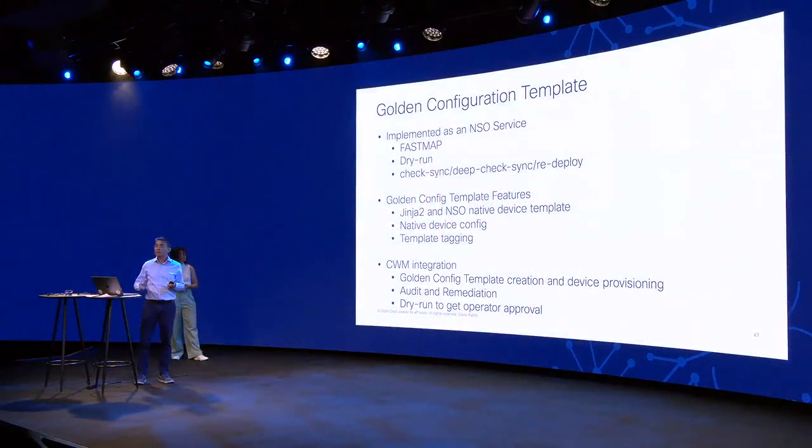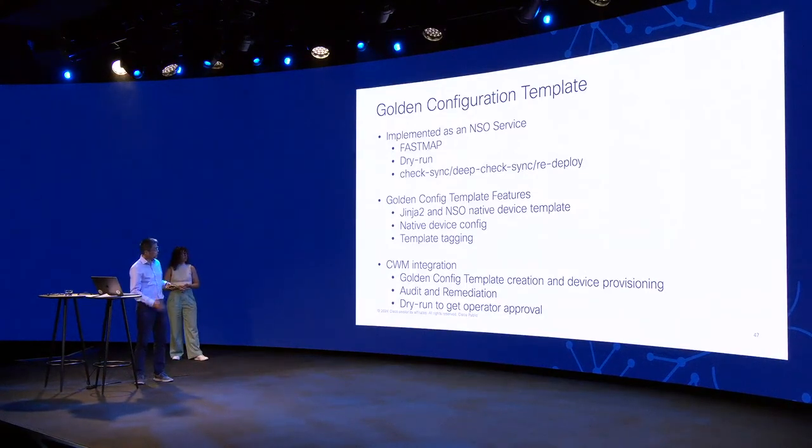The golden config template use case is implemented as an NSO service. It has the benefits of FastMap for transforming the service models into device models and calculating the minimal diffs to generate the device configuration. There's dry run for showing the resulting configuration before you do a commit. And there's checksync, deep checksync, and redeploy that can be used to implement the audit and remediation feature of golden config.